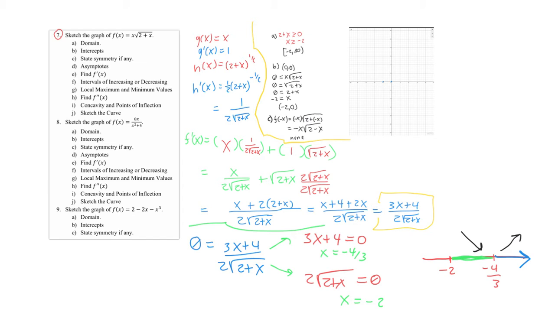With regards to local maximum and minimum, there's no maximum because it shoots up forever, and there's no particular confined interval that we're taking into account. We're taking into account the entire domain itself, and it goes up forever, so therefore we can't say there's an absolute maximum.